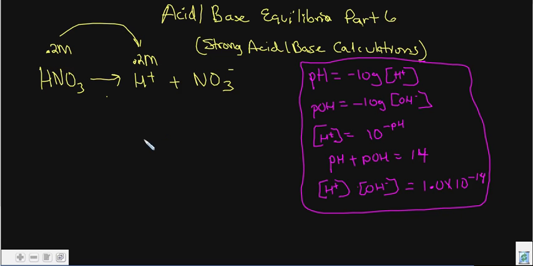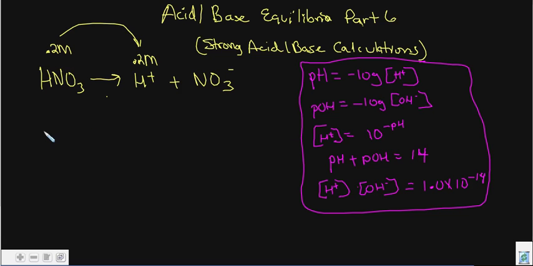So let's look at a couple of quick examples here, and then we'll move on. Doing something like this is quite simple, because whatever you put in is what you get out, then take the negative log of that. But let's say that we did something a little bit more complicated. Let's say that I mixed 2 acids.